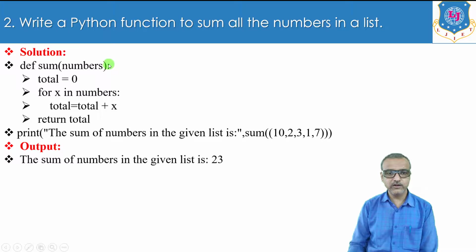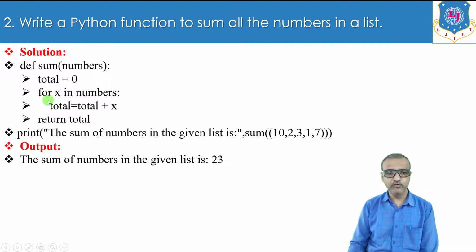Don't forget to write down this colon. Here we are taking total as a variable and we are assigning 0 value to total. It means initially we are initializing the total variable with 0.